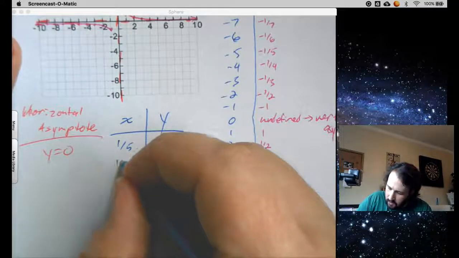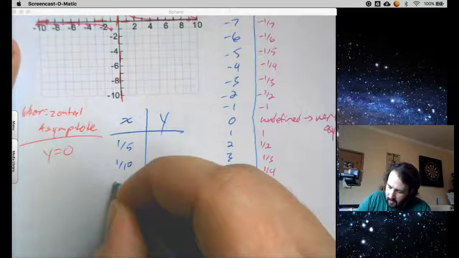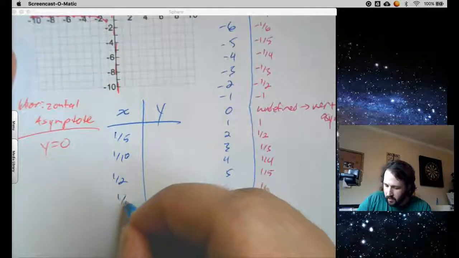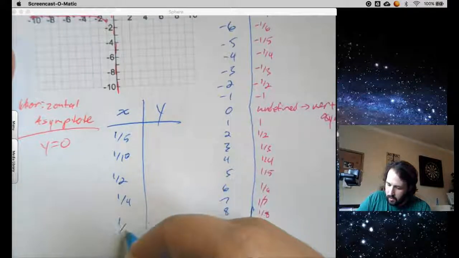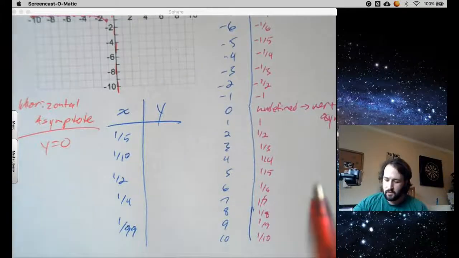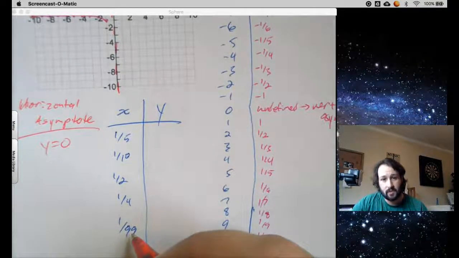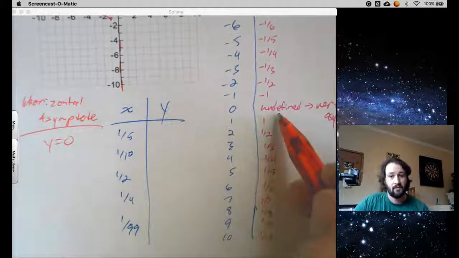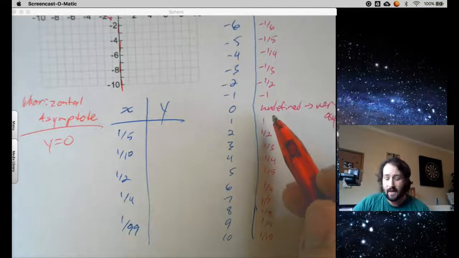Say I have 1/10. Say I have 1/2. I probably should have done that first. That's all right. 1/4. 1 over 99. So this is really close to when x is 0, but it's not actually there. So I'm getting close to my undefined value, but I'm not actually on it yet.